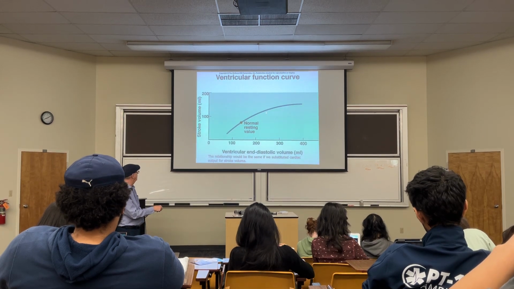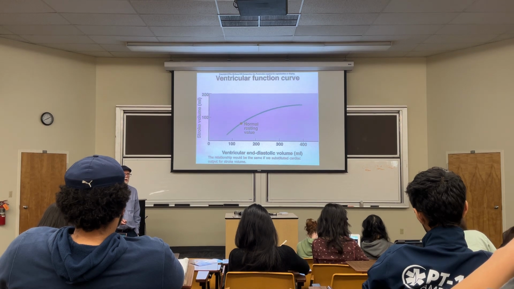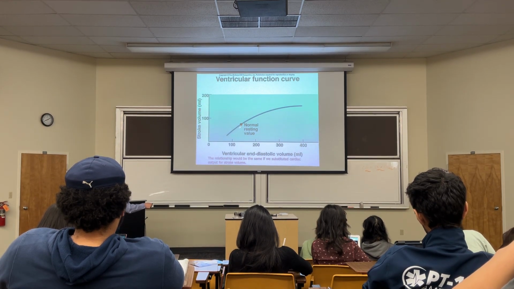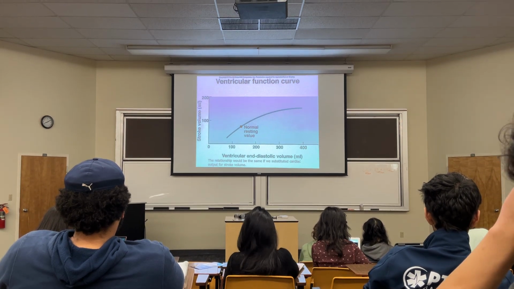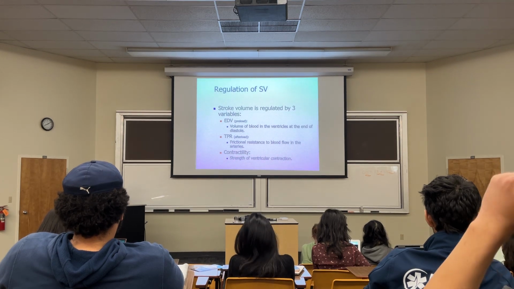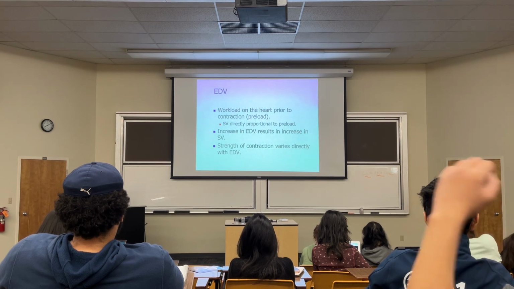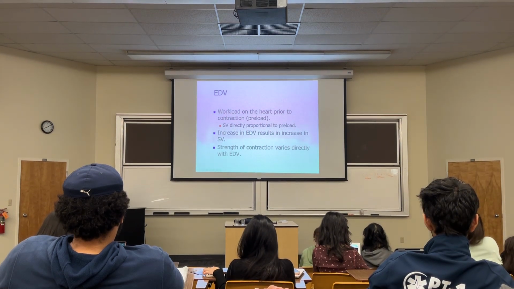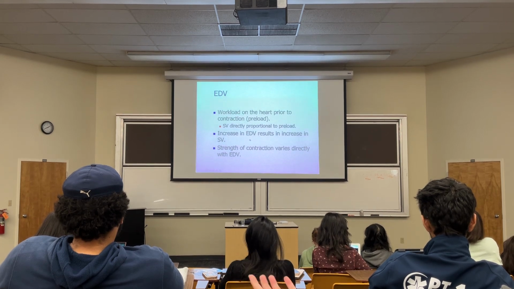If you increase the end diastolic volume, you can increase your stroke volume and your cardiac output. And it's along this slope. This is a normal resting value, but you can increase it if you need to. Increase in diastolic volume, according to Starling's law of the heart, increases your stroke volume and your cardiac output.